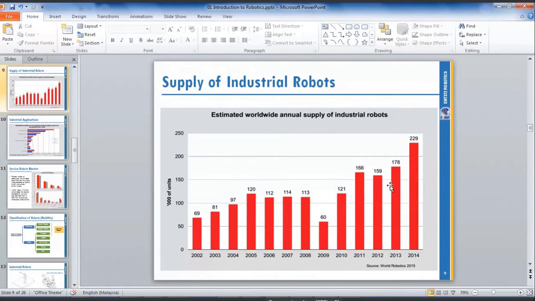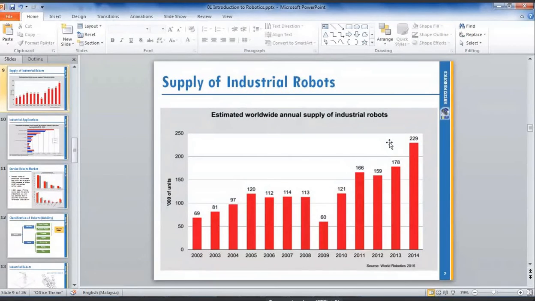Normally they use the robot for areas that are hazardous, maybe because of high temperature where a human is unable to work for a long time, and also for high accuracy or high repeatability, because a human's accuracy and repeatability is not as accurate as a robot lah. So in those areas of application, they will use a robot.